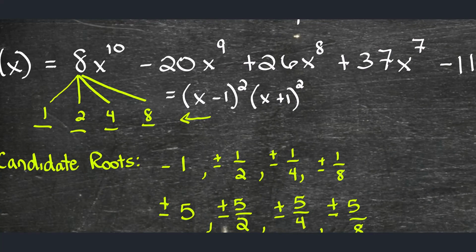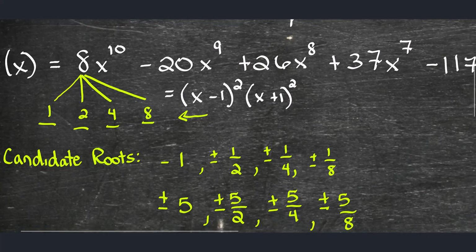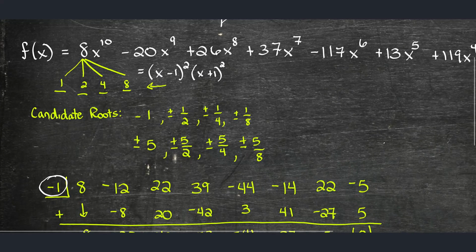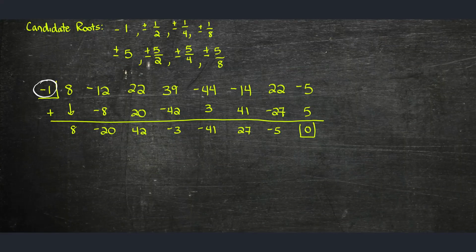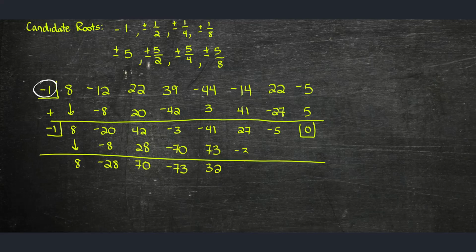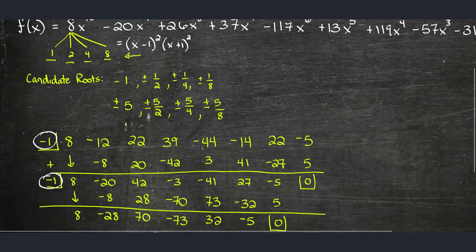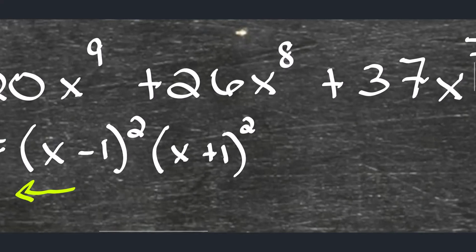Notice we now have 4 powers on x. We need to get to 10 powers altogether. So we have a little bit extra work ahead of us. That's okay. Let's go ahead and try that -1 yet again. Well, this is very nice because we find that now -1 is a 0 of multiplicity at least 3. In other words, x plus 1 is a factor 3 times.